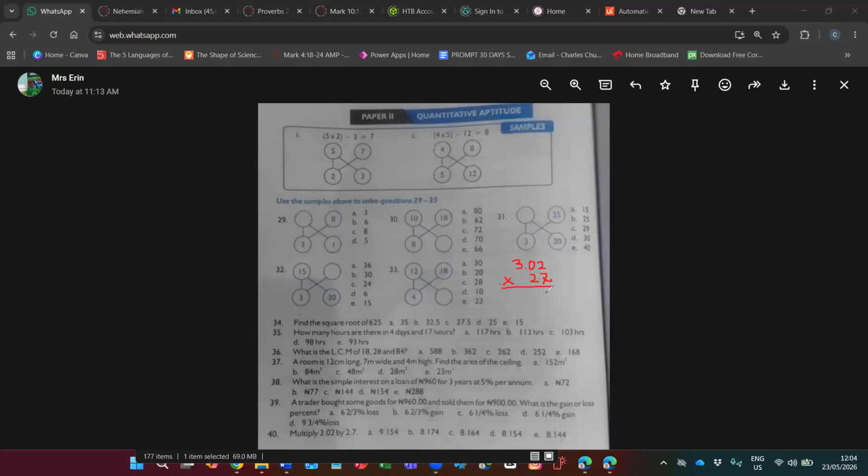Okay. Favor, what's your own answer? I'm still checking. 8.154. Okay. I know it should end with a 4 because of that 2 times 7, which is 14. I'm very sure of that. So it's just that all the answers here end with 4, so we cannot use that as our judgment. We just have to do it.